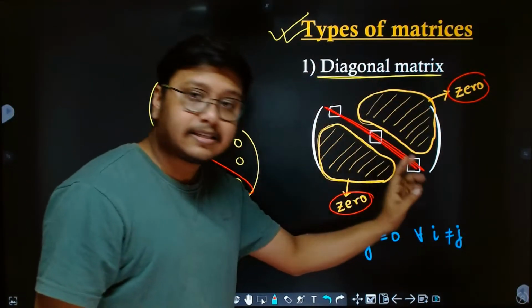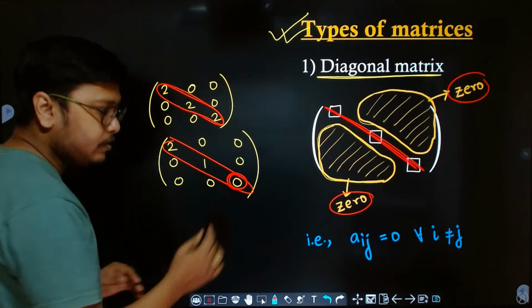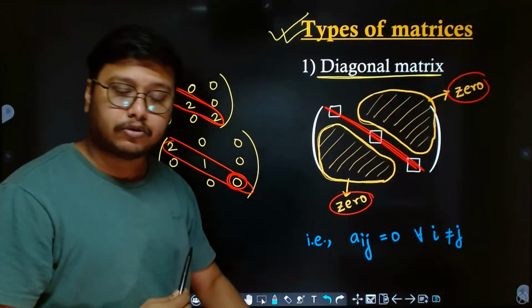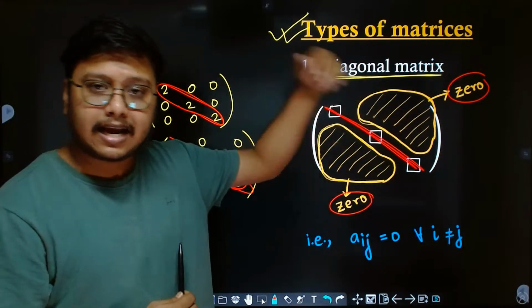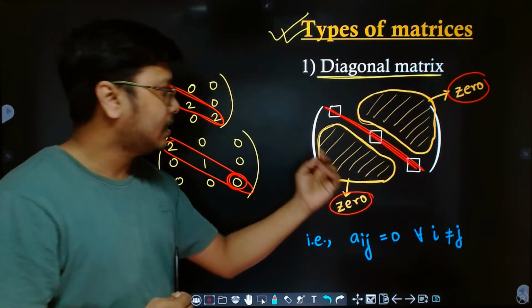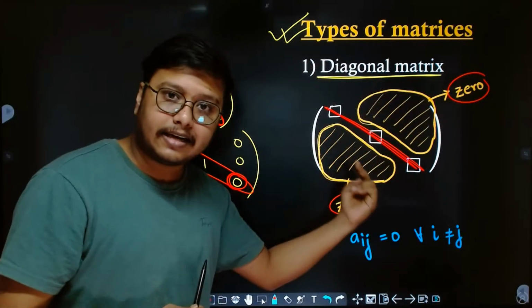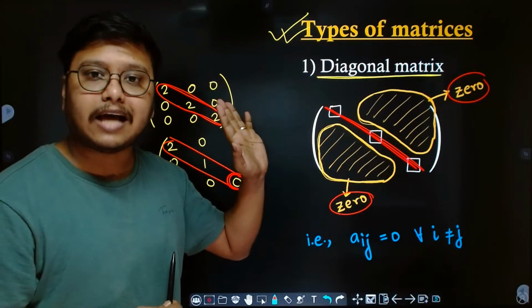Now the diagonals can be 0 also. See, I have made one diagonal element 0, so the diagonal can be 0 also. That is not our concern. Diagonals can be anything, 0, non-zero, same, different, no problem. The elements other than the diagonal have to be strictly 0. Then that kind of matrix is called a diagonal matrix.